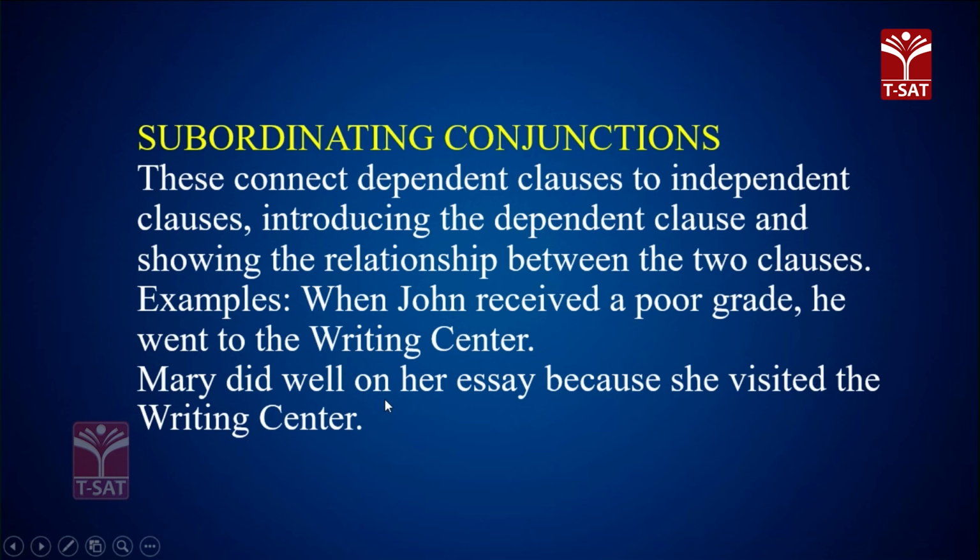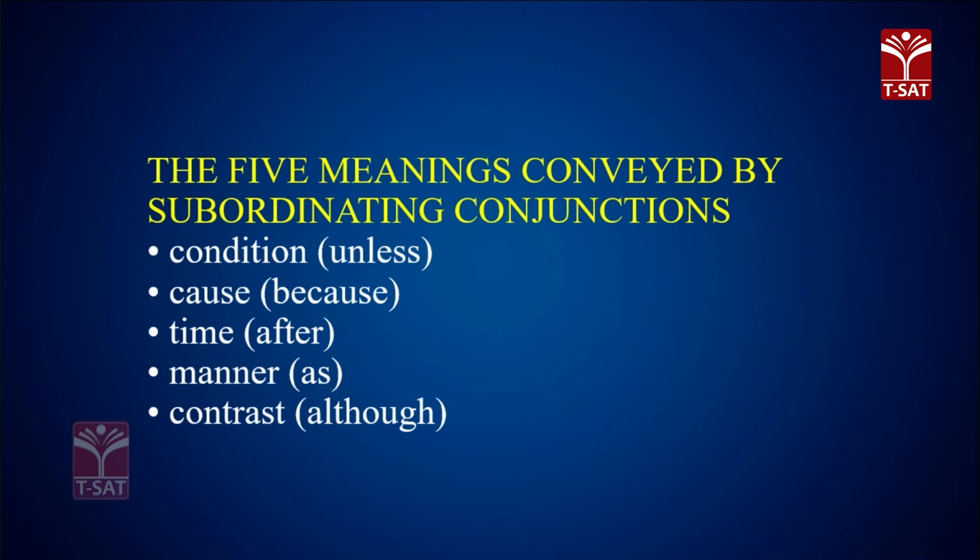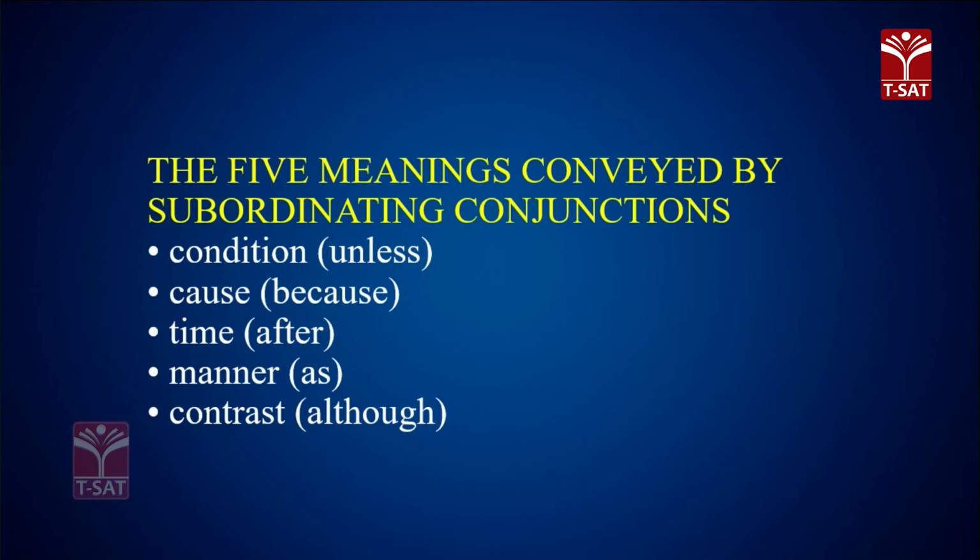Likewise, Mary did well on her essay because she visited the writing center. Okay. There are five meanings which are conveyed by subordinating conjunctions: condition, unless; cause, because; time, after; manner, as; contrast, although.